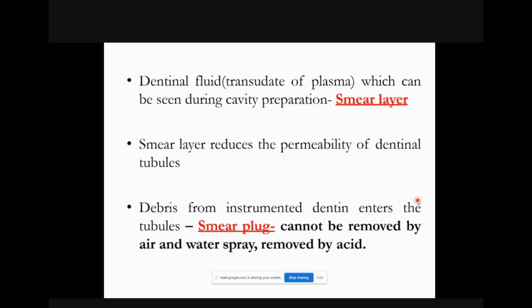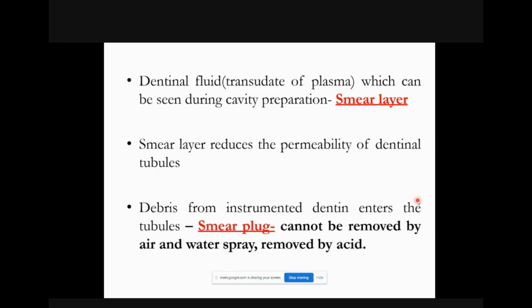During this cavity preparation, the fluid which we talked about, present within the dentinal tubules, called transudate of plasma, will come out.